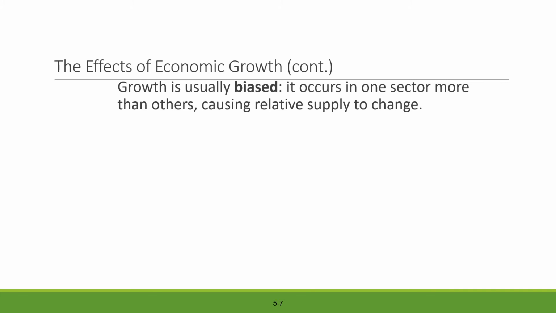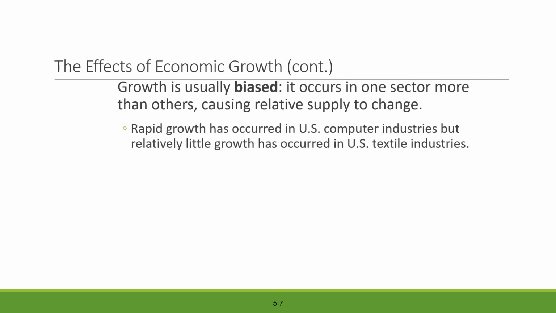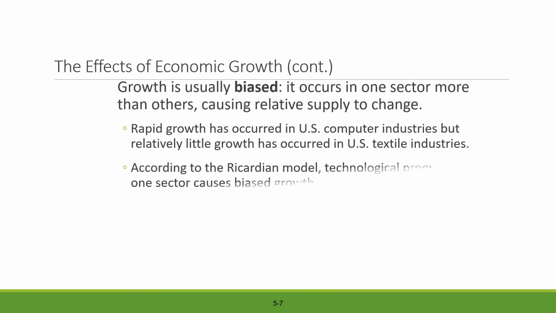Then the overall production possibility frontier will not shift equally, but it will change greatly in the cloth sector, whereas a little bit of improvement might be shown in the food sector. You can see an example from the US economy, where rapid growth has occurred in US computer industries, but relatively little growth has occurred in textile industries in the US.